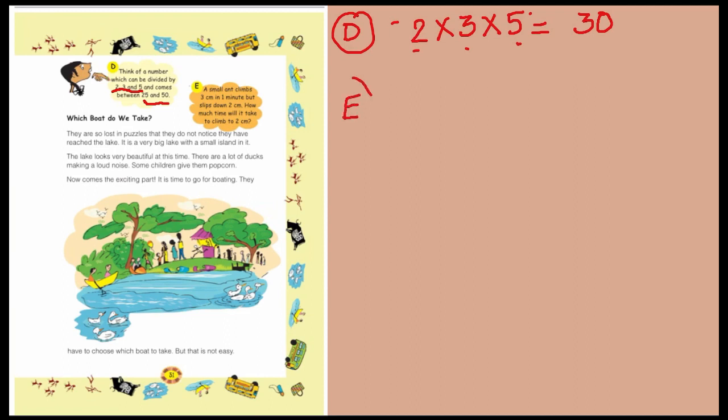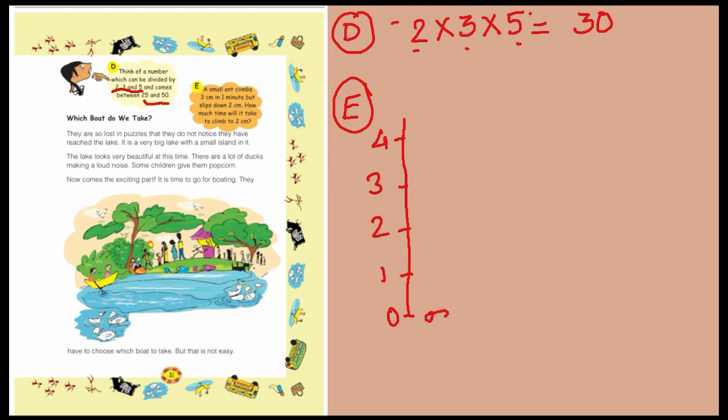Moving on to E. A small ant climbs 3 centimeter in 1 minute but slips down 2 centimeter. To find out the solution of this problem, let us draw it. Here is the wall. 0, 1 centimeter, 2 centimeter, 3 centimeter, 4 centimeter.